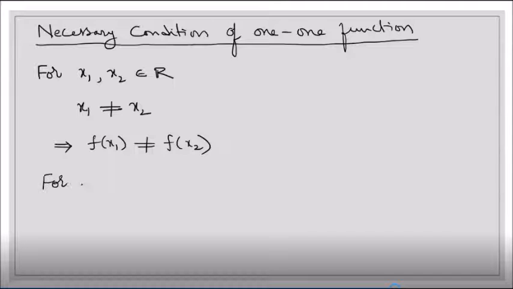For f of x1 equal to f of x2 implies x1 equal to x2. This indicates that if two images are the same, then the objects are also the same. Unless objects are the same, images cannot be the same.